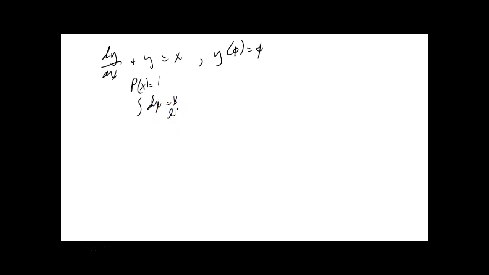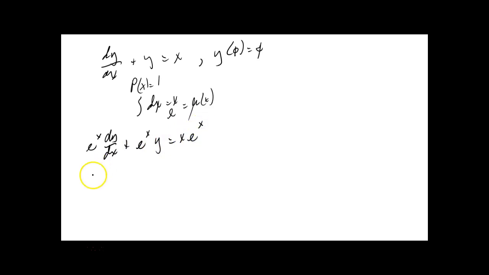So that's e to the x. That's your integrating factor, mu of x. Okay, so what do we do with that? Multiply e to the x by everything, by everything on both sides. That gives you e to the x dy dx plus e to the x y equals x e to the x.